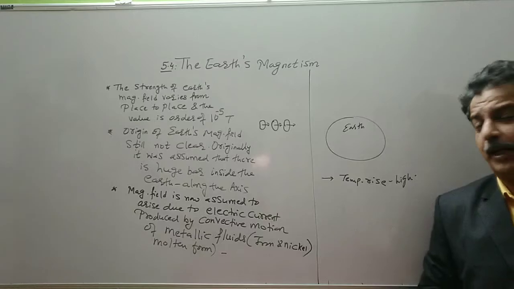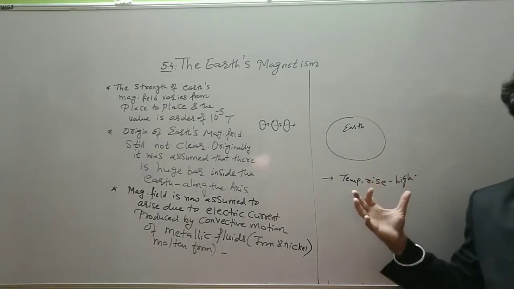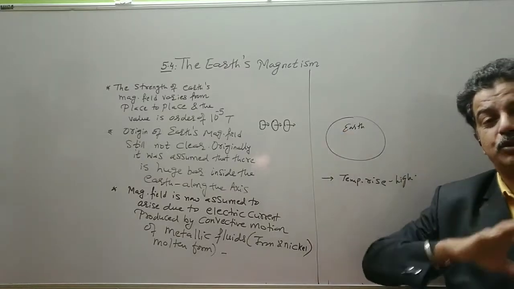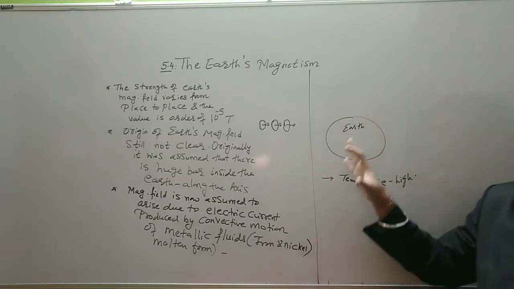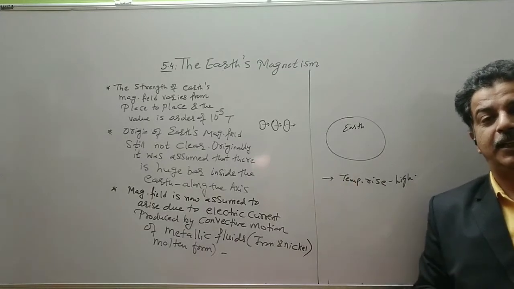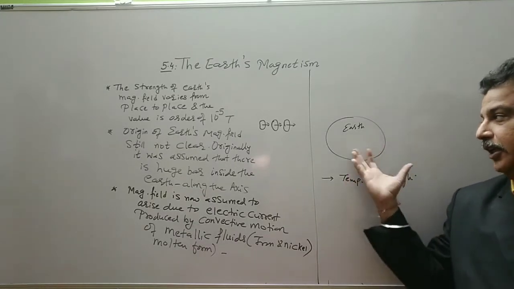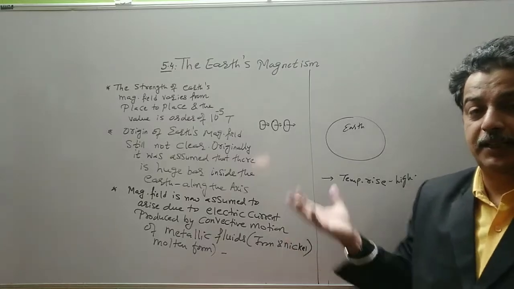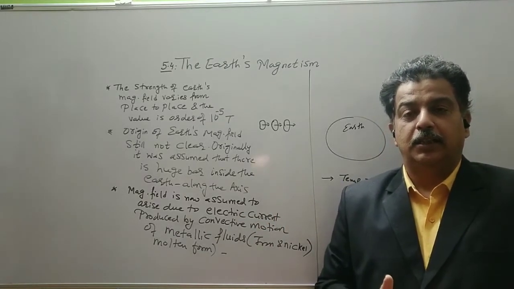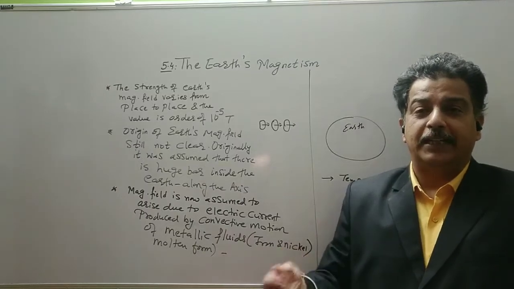Due to the very high temperature, it is not possible that all the atoms or molecules, or whatever substance is there, have their orbital magnetic moments aligned in the direction of the field. Clearly, if the temperature is high, the magnetic moments cannot be in the same direction. You can see this by heating a bar magnet.